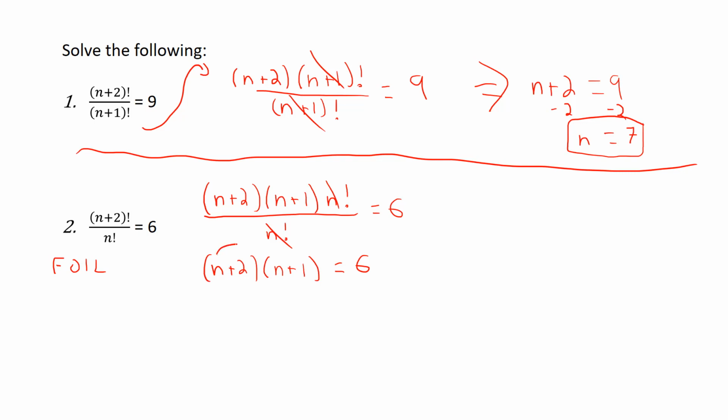So I multiply the two first terms together, which is n squared. N times n is n squared. I do the two outer terms together, so that's n times 1, so that's plus 1n. I do the inner terms, so 2 times n is 2n, and then I do the two last terms.